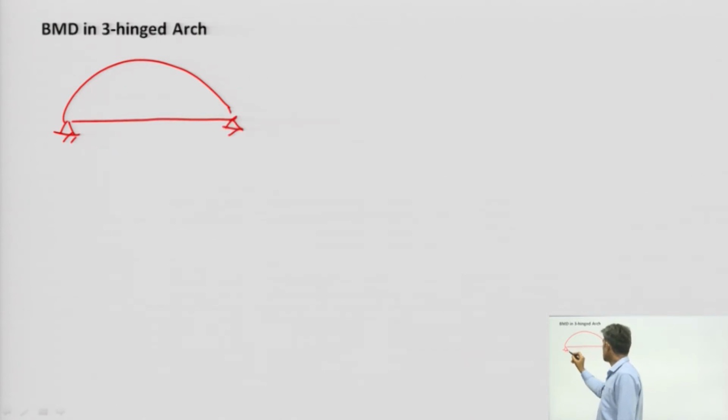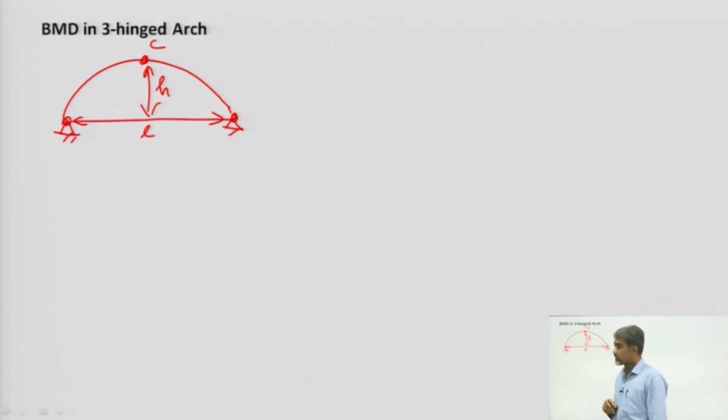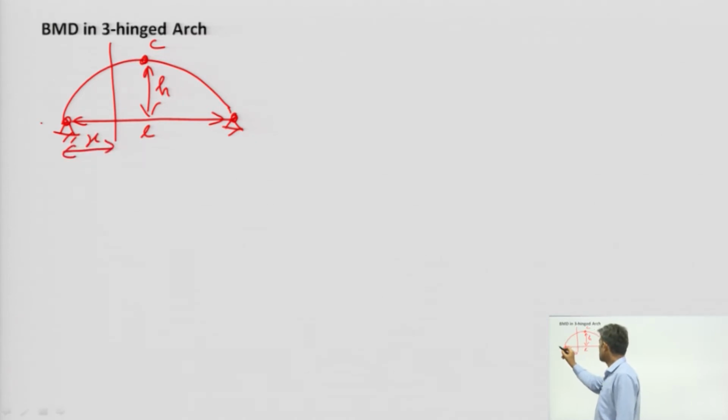If this is the horizontal distance L, and it is hinged at both supports and at the crown also, with rise as h, then the bending moment at any section x from support A can be written as beam moment mu x minus h into y, and y is this intercept.